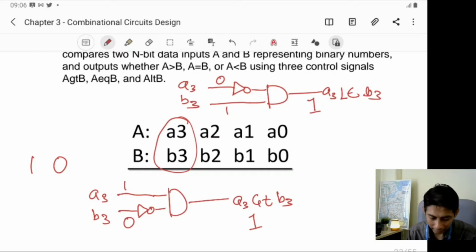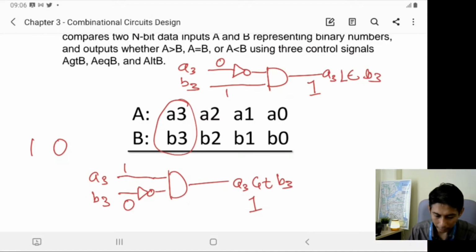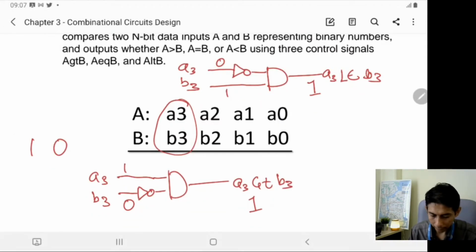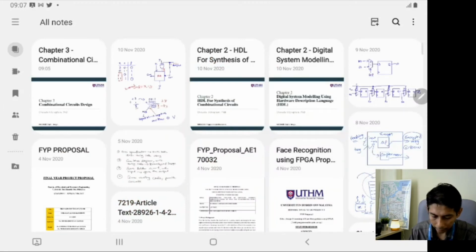Okay, I will just repeat. I want you to get the concept. So maybe I have a new one here.